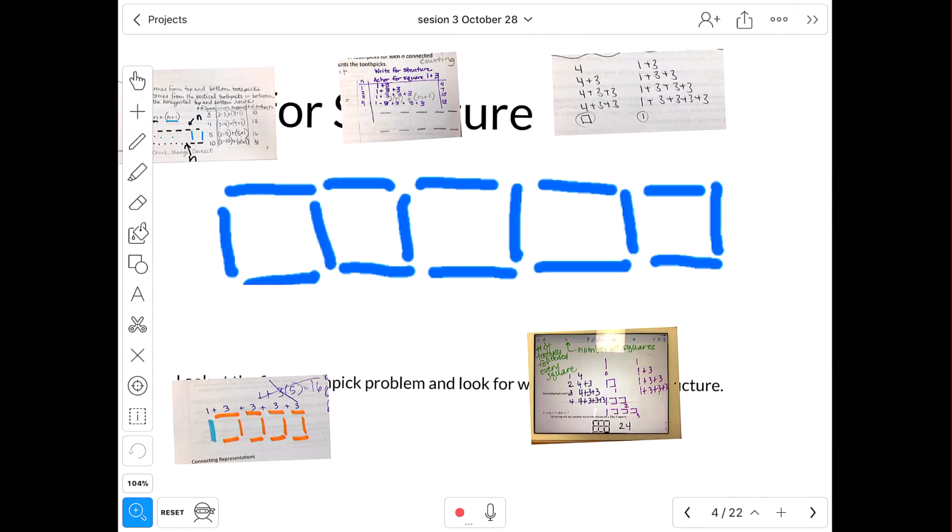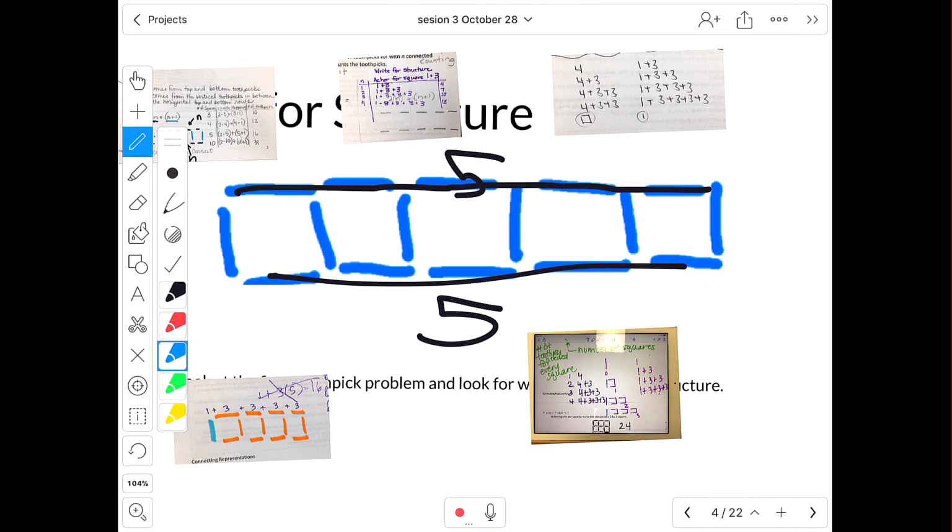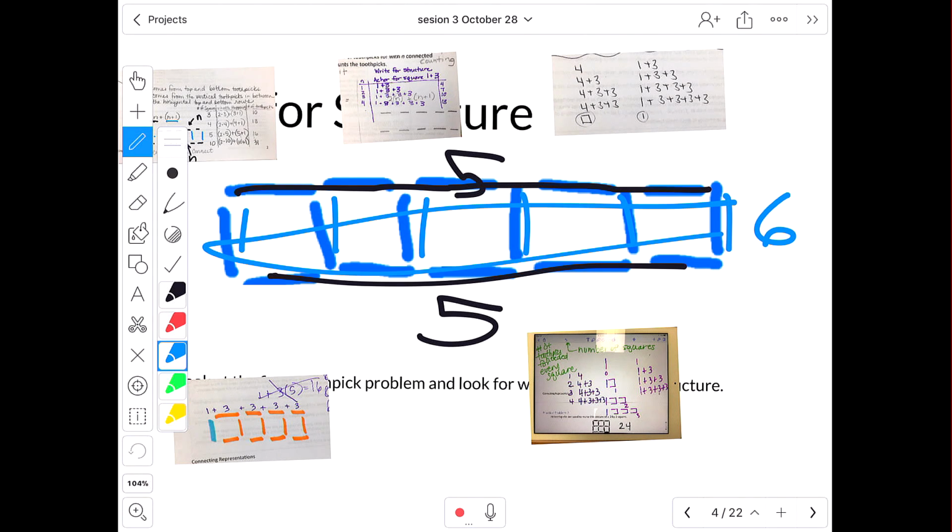So in this case, you're saying there are 1, 2, 3, 4, 5 on top, 5 on the bottom, and then 6 going across, because that's one more than the number of squares or the number of toothpicks across the top and bottom. Oh, so that 6 really is 5 plus 1, because it's one more than the 5. Yes. Okay. Then what the heck is that T-chart?